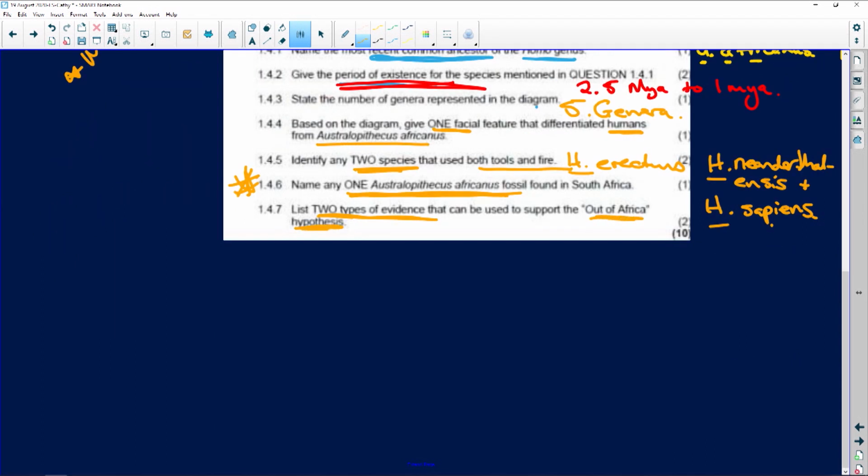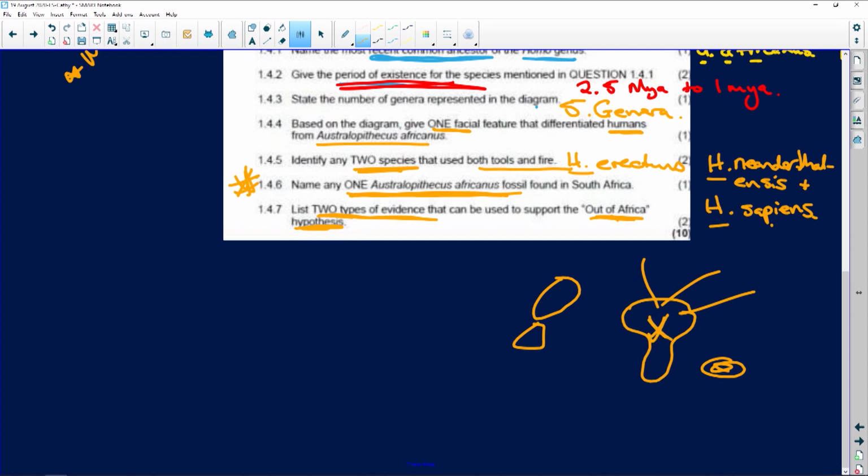Now, out of Africa hypothesis means that here we have Africa, and that every organism on this planet, all in Europe and in Australia and in the Americas, everyone came from good old Africa. So it's going to be fossil evidence, and your other type of evidence will be genetic evidence.